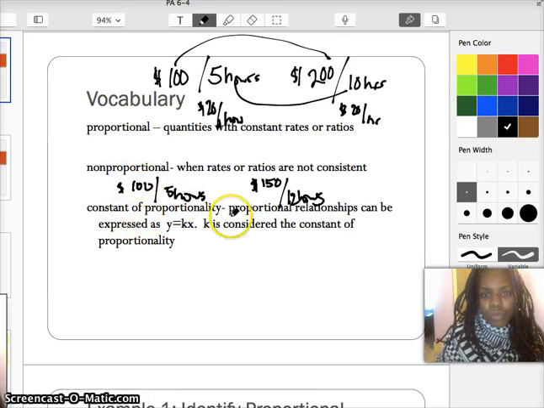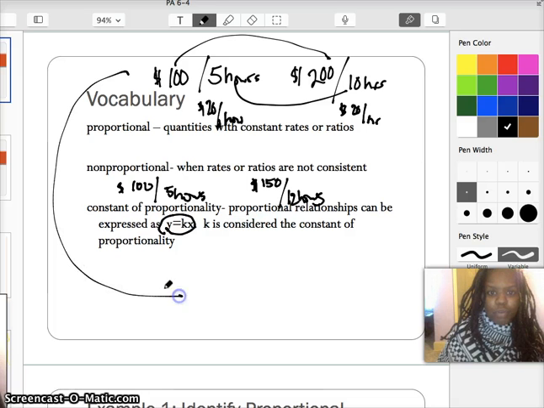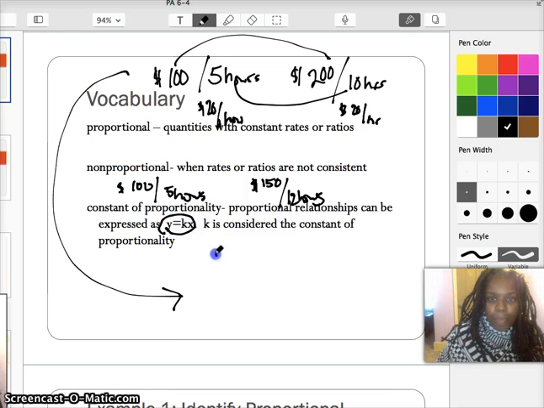When you have a constant rate of proportionality, that relationship looks like this: y equals k times x. Since I figured out that the hourly rate is $20 per hour, I could say that your pay, y, is equal to $20 times x, where y is your pay and x is your hours.